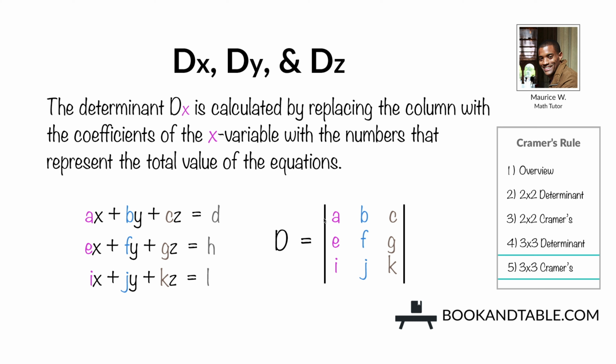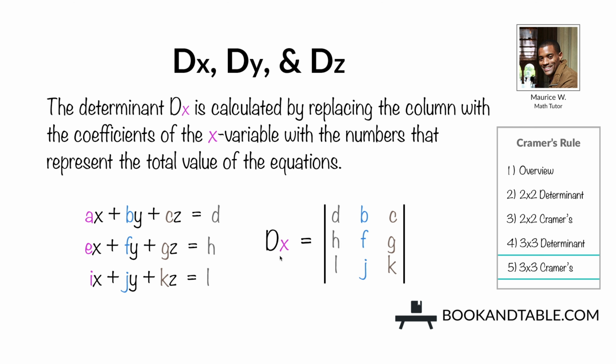But when we want to calculate dx, we want to replace the column with the coefficients of the x variable and replace that with the total value of each equation. So we'll replace A in column 1 with D, we'll replace E in column 1 with H, and we'll replace I in column 1 with L. And now we'll use this 3 by 3 to find dx.